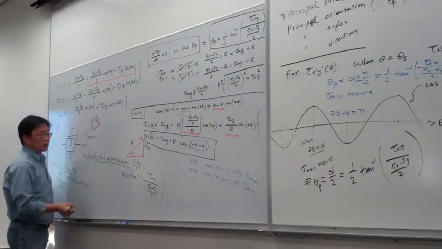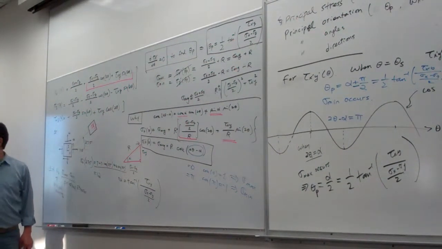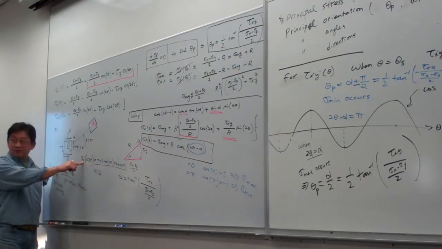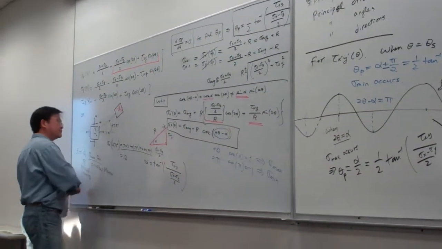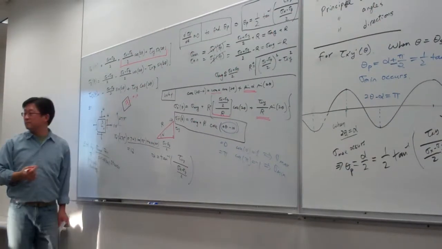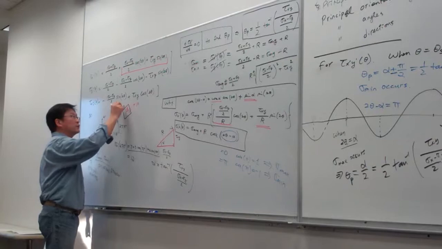We simply do this calculation, and that will be 12. So we know that the 12 will be in the x prime direction, so that 12 will be here. And here should be 2.